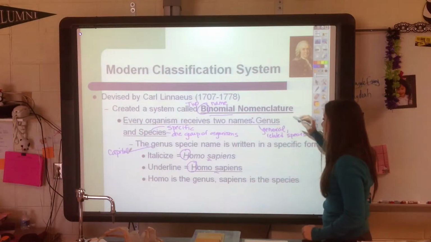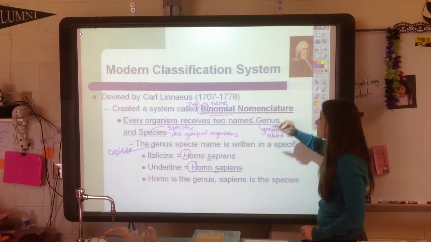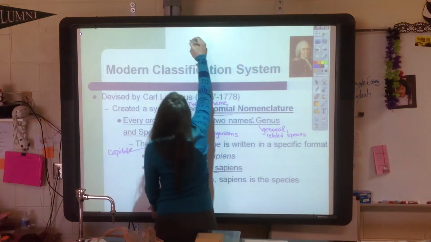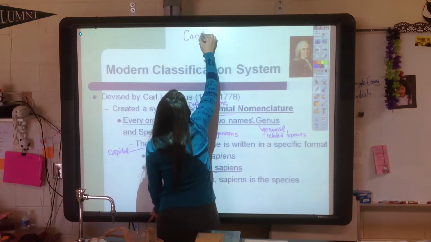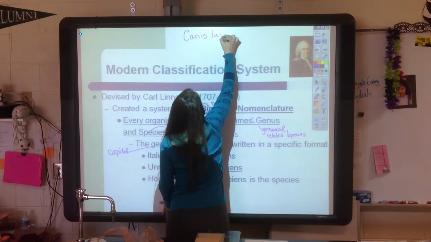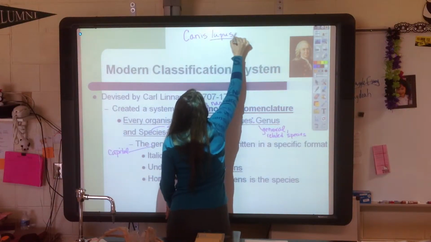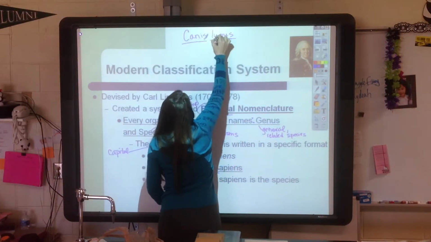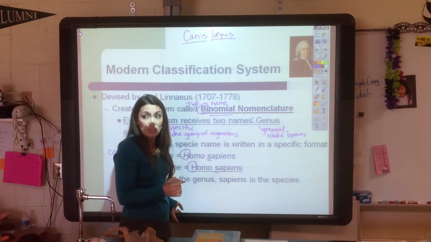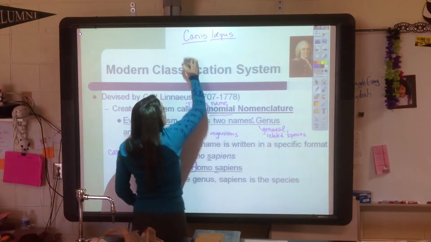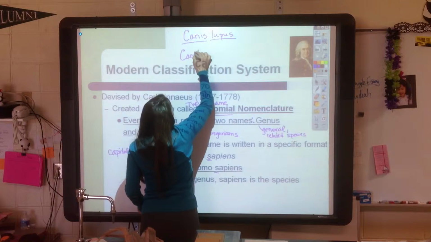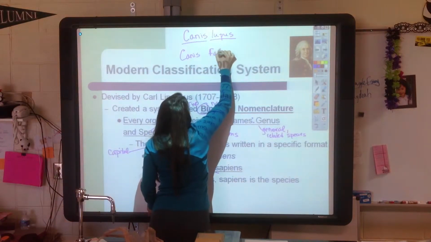I want to give you another example about genus and species. If we take these two names, Canis lupus. Now write this with me and make sure you capitalize the C and lowercase the L. Canis lupus, and we have to underline it, and Canis familiaris.